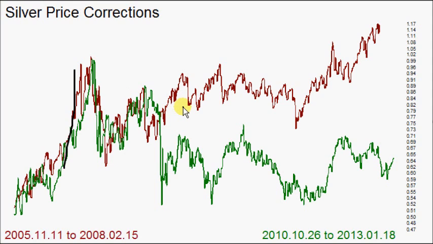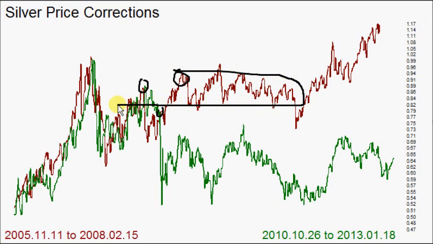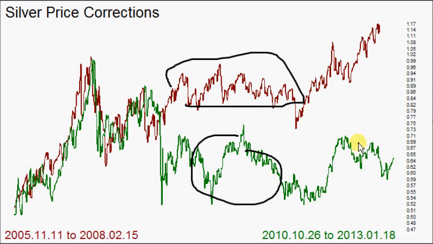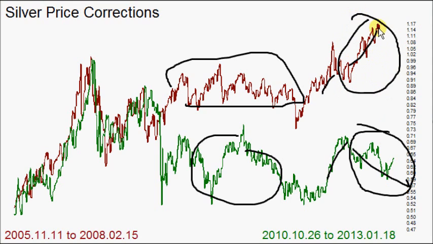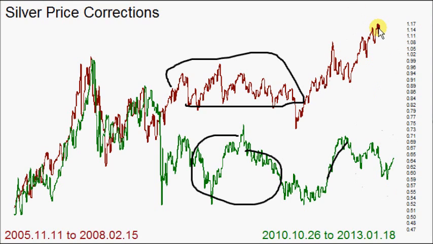If we would have, for example, gone back to where we were when we came up to 40, came back here, and did the same thing that we did in the 2006 time frame, that would be like going back up to the 40s and then really staying in a range of about 40 to 46, 47, and then finally breaking past resistance. But with that being said, a deeper pullback and longer for sure. Comparisons amongst here and here are fairly the same, but you can see there's a big divergence here, this in that downtrend and this in its opposite trend right now, which is upwards. So that's the second correction.